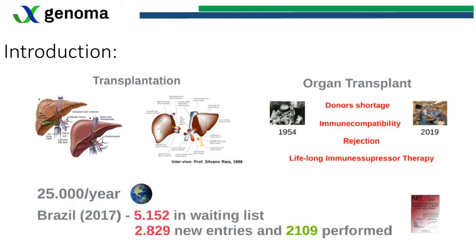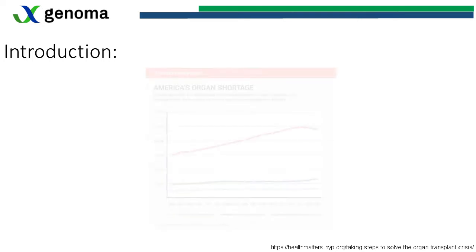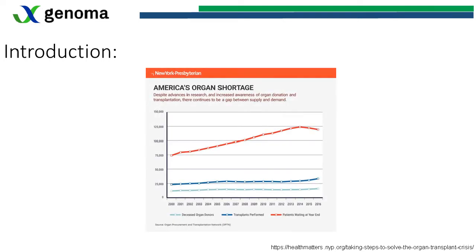So this data shows us that there is a huge gap between the need and the availability of organs for transplantation. As you can see here on this data from the US, the gap between organs for transplantation and patients in need is still increasing over the years.